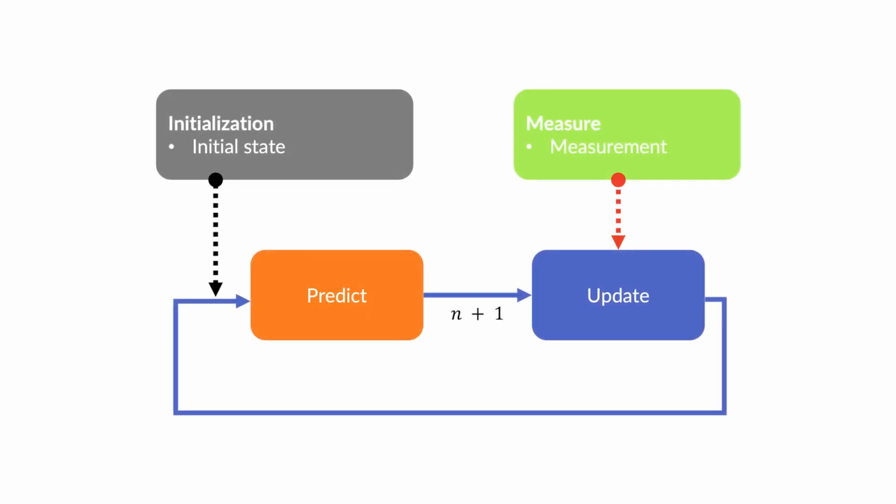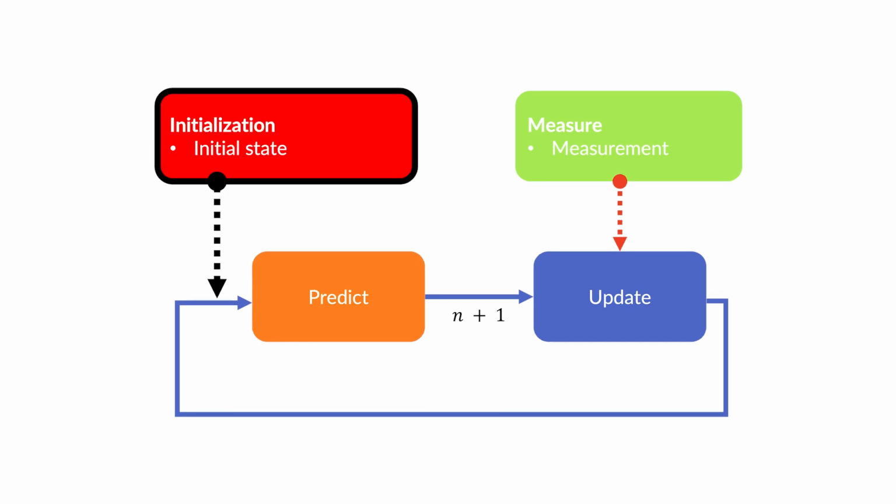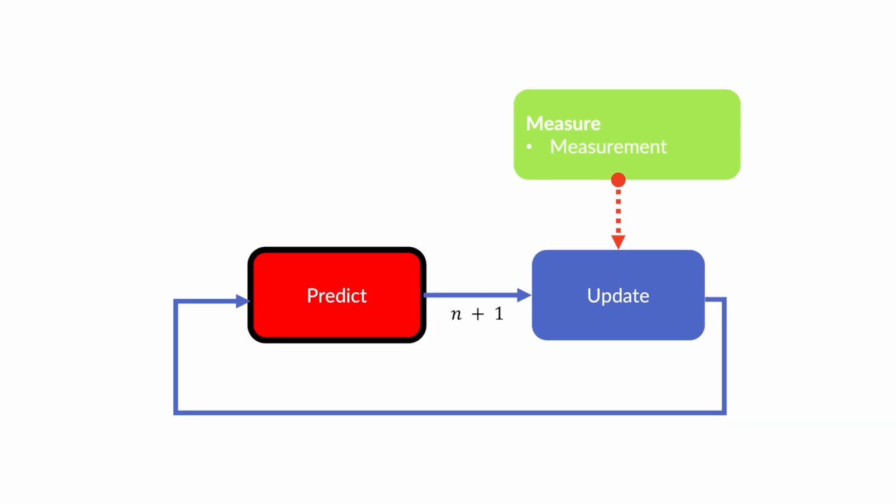So this is the diagram that illustrates the schema of the Kalman filter. And here you see 4 boxes and a loop. The first box that I would like to pay attention to is the initialization box, where we define the initial state variables for the entire system one time in the beginning. That initialization goes inside the predict step that tries to predict the state and the uncertainty of the state to the next step.